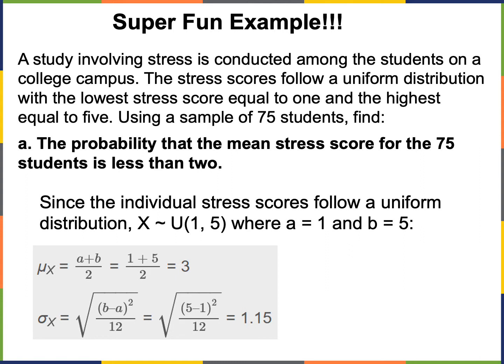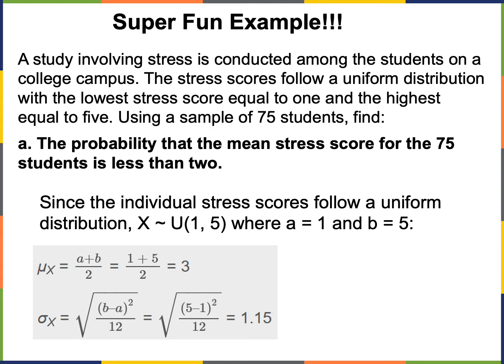So the mean for the original distribution is 3, and the standard deviation is the square root of the fraction (b minus a) squared all over 12. Remember this is a, and this is always b. So it's 5 minus 1 squared over 12, which is 4 squared over 12, which is 16 divided by 12, and then you take the square root of that, and that is 1.15.